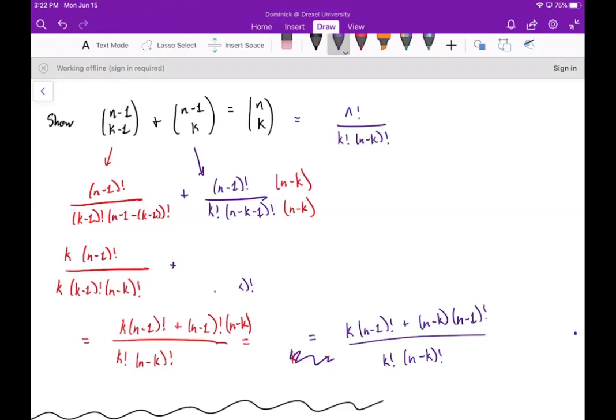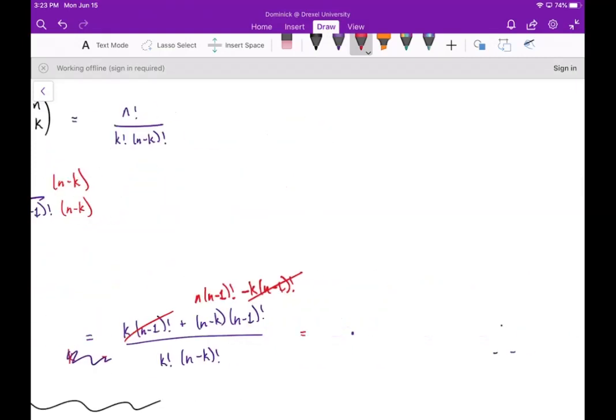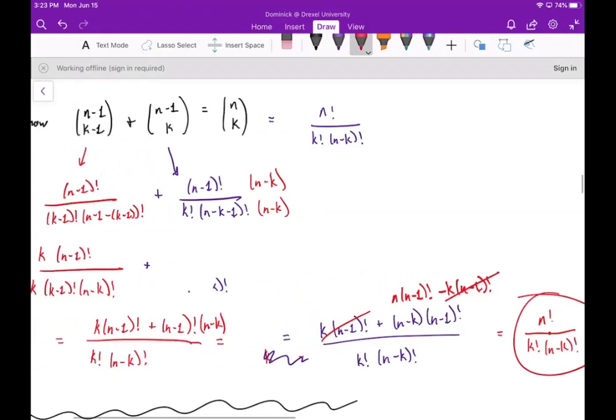Well, now if we multiply this second term in the numerator out, we're going to get an n times (n minus 1) factorial minus a k times (n minus 1) factorial. Well, now these cancel out, and we're left with n times (n minus 1) factorial, which is n factorial, over k factorial (n minus k) factorial, which is what we wanted to show. All right, so that completes the proof.